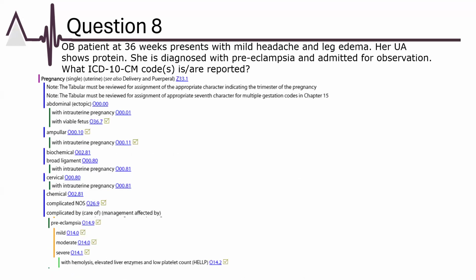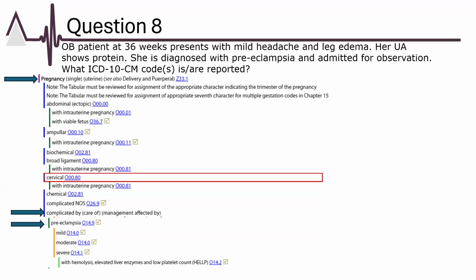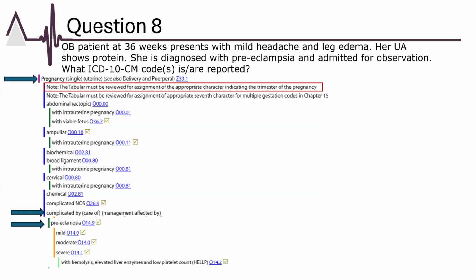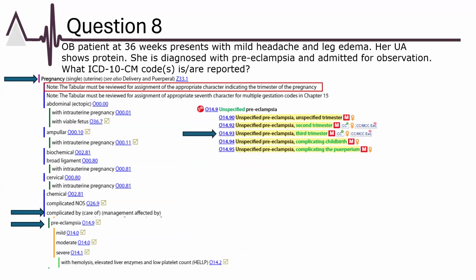In the ICD-10 alphabetic index, look for pregnancy complicated by preeclampsia, which leads to subcategory O14.9. The notes at the beginning of the chapter state that the 3rd trimester is 28 weeks until delivery. The 5th character 3 is used for the 3rd trimester.